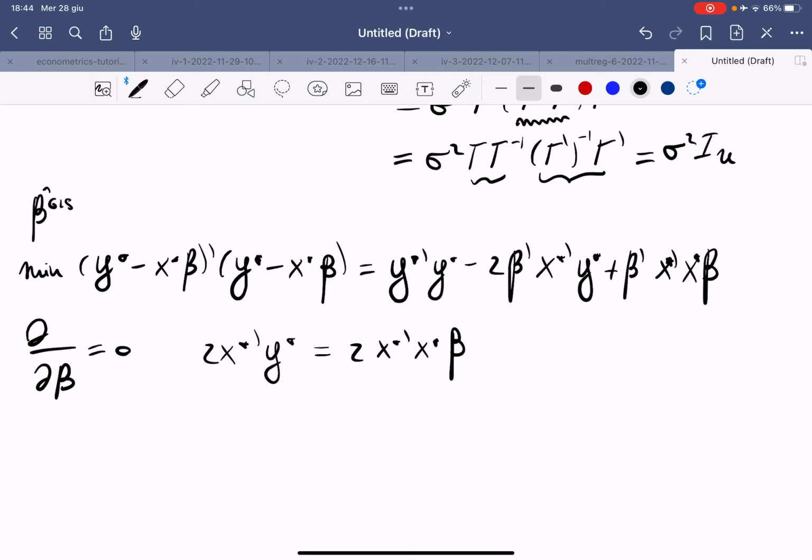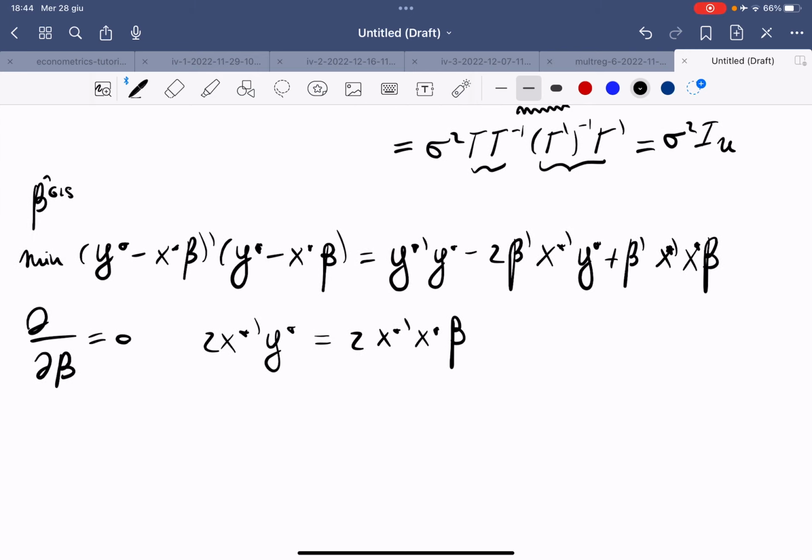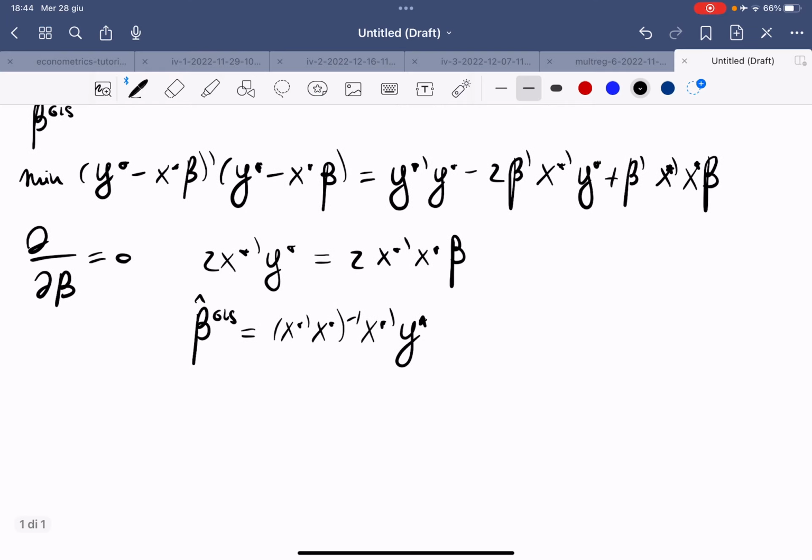So eventually we have that beta GLS is equal to x star transpose times x star inverse times x star transpose times y star, and then we substitute.